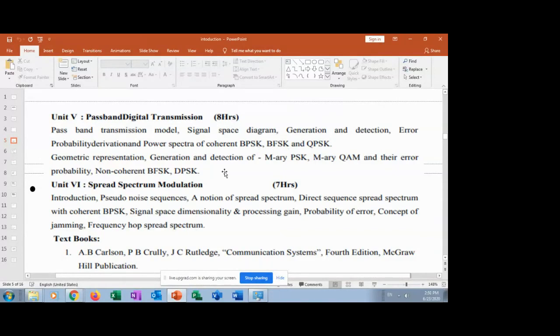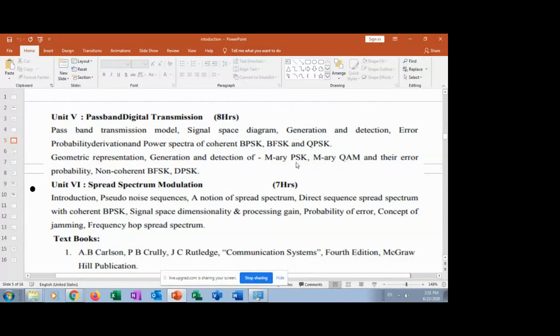Now you can see here, that is M-ary PSK, M-ary QAM. M-ary PSK means combining bits. As I said, if the data is 101, at each shift the parameter of the carrier signal varies. But when we are combining the data and transmitting the information, let us consider the data 1 1 and 0 0.